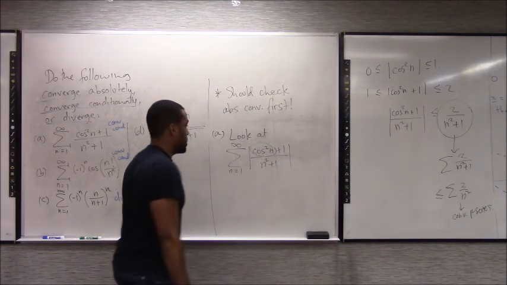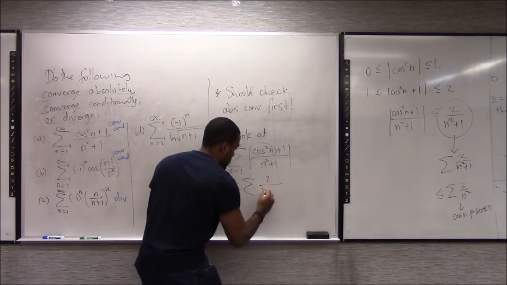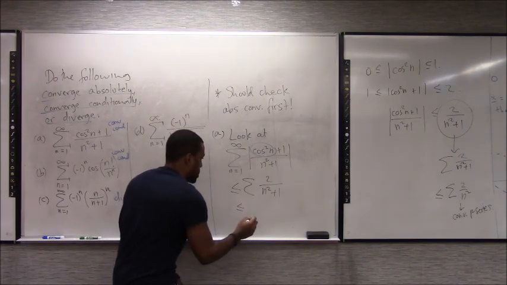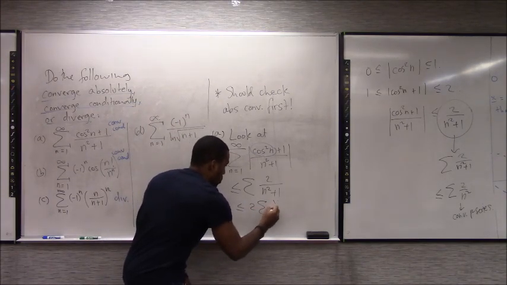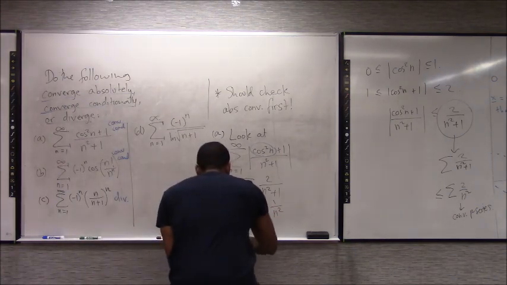So you look at that, you realize that this is less than or equal to the sum of 2 over n squared plus 1. Then you're going to say that's less than or equal to the sum of 1 over n squared, which is a convergent p-series.